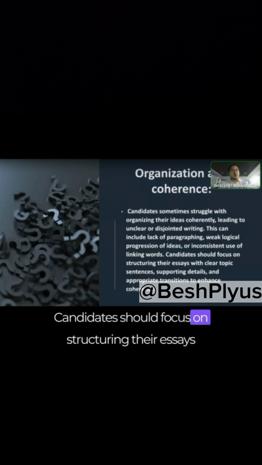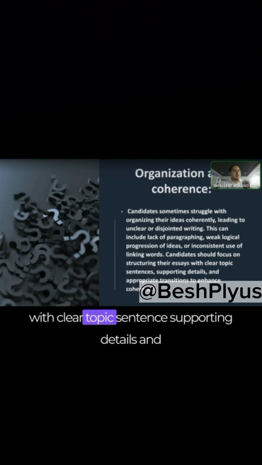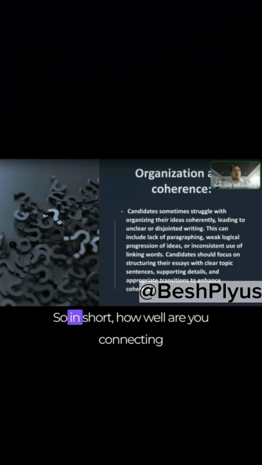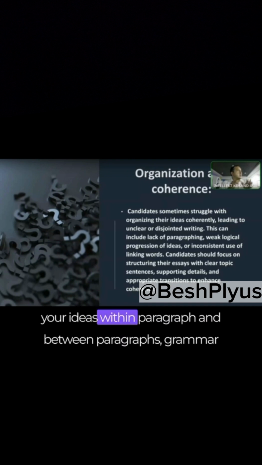Candidates should focus on structuring their essays with clear topic sentences, supporting details, and appropriate transitions to enhance coherence. So, in short, how well are you connecting your ideas within paragraphs and between paragraphs?